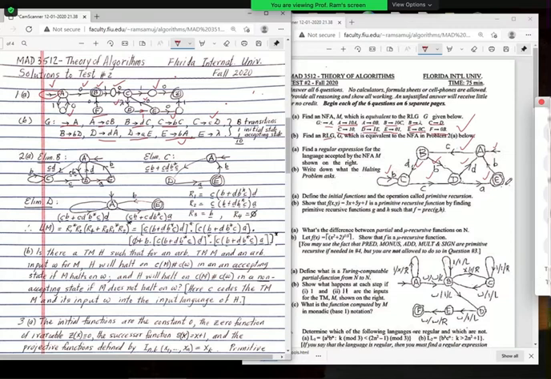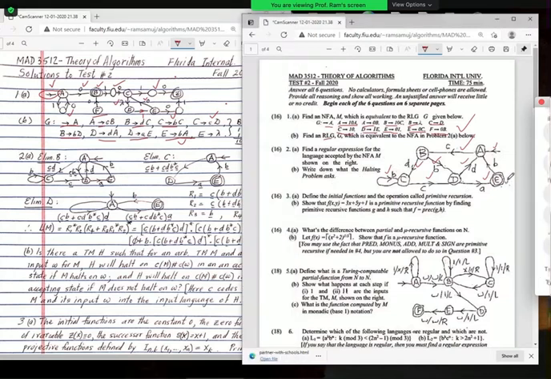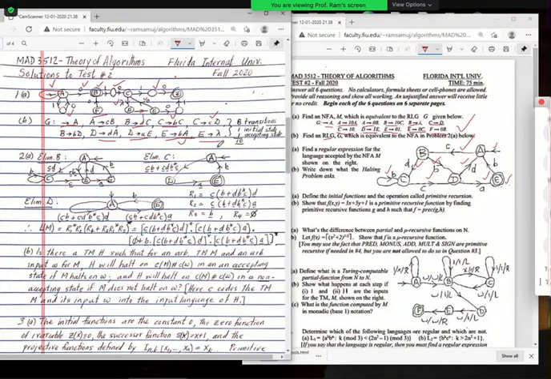So this thing you can do in like 4 minutes or less, and then you're thinking, okay, I'm done. Now, I'm not telling you to do this at the beginning, but if you want, you could check the total number of things. You got one initial, one accepting, and 8 transitions.